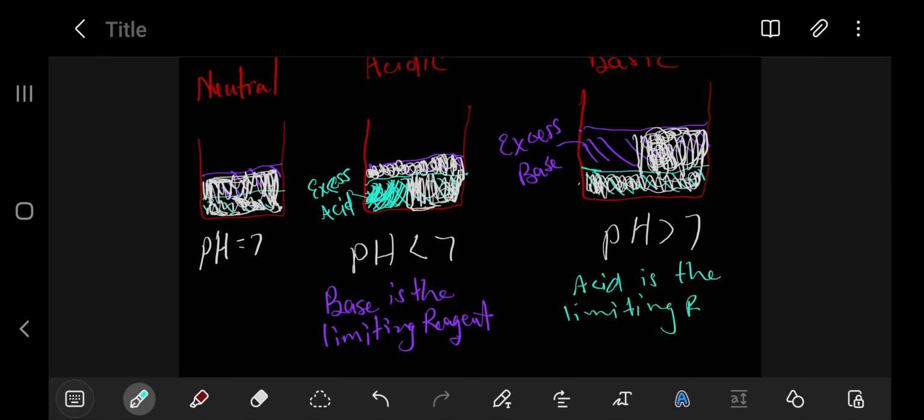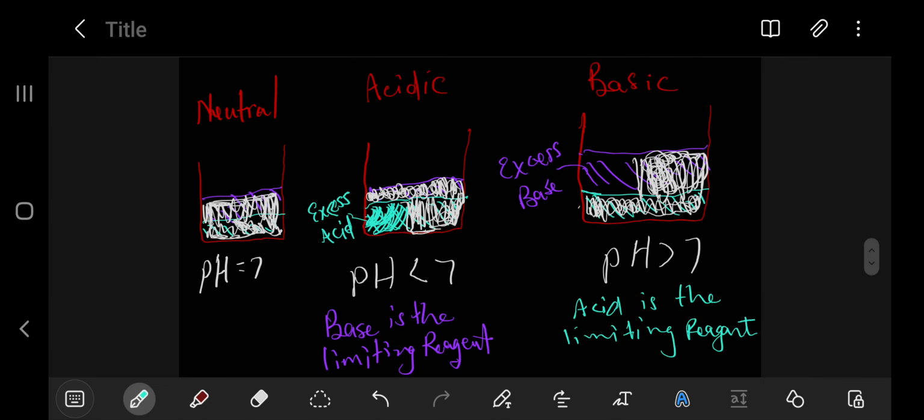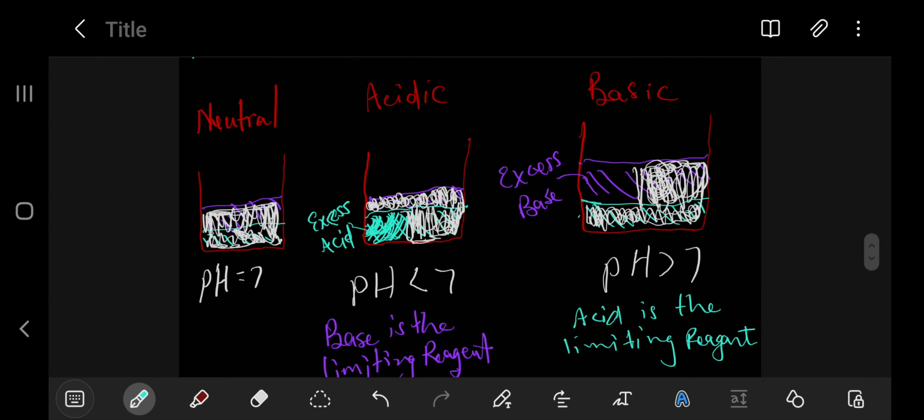So we can see it is important for us to be able to determine the limiting reagent between the acid and the base in order to determine the resulting solution, right? So these are the three situations. We have a neutral solution whereby equal amounts of the acid react with equal amounts of the base, and then complete neutralization, right?